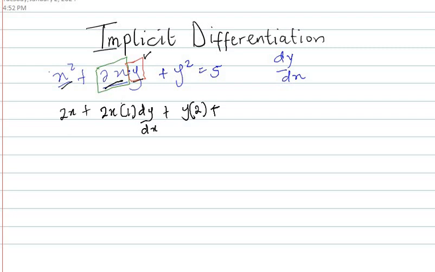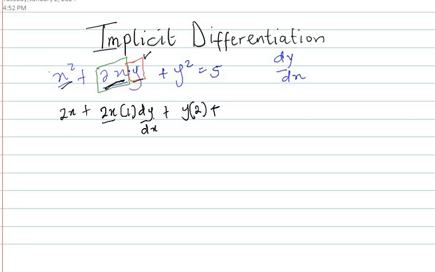Remember, if you are differentiating x, it's just normal differentiation. If you are differentiating y, you differentiate y and then add dy/dx. So that's what we did: we make 2x constant, the derivative of y is 1, and we add dy/dx.